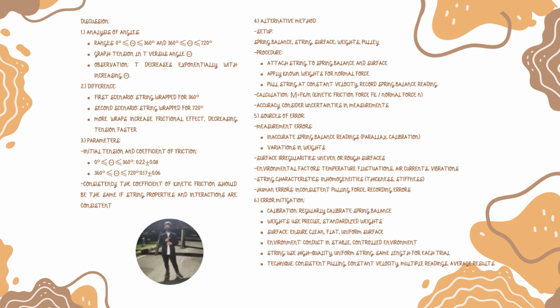Taking multiple readings for each measurement and averaging the results can further reduce errors. By addressing these potential sources of error and following these precautionary steps, the accuracy and reliability of the experiment to determine the coefficient of kinetic friction for a string can be significantly improved.